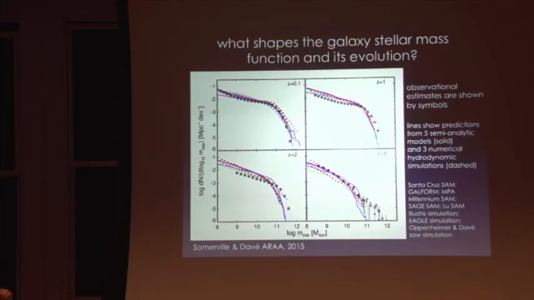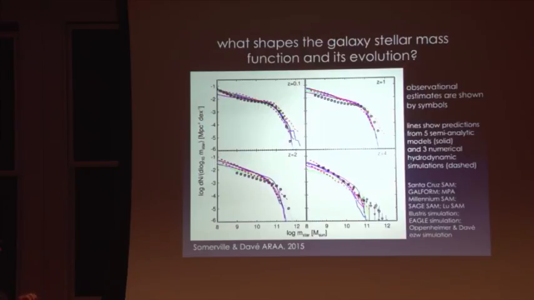So what we did was to gather predictions from several different sets of these numerical hydrodynamic simulations, including Eagle, Illustris, and also the Dave and Oppenheimer simulations, and 5 different semi-analytic models. So, many different groups. Everyone's done their own thing. We didn't try to get people to do the same thing at all. We just said, send us your models.